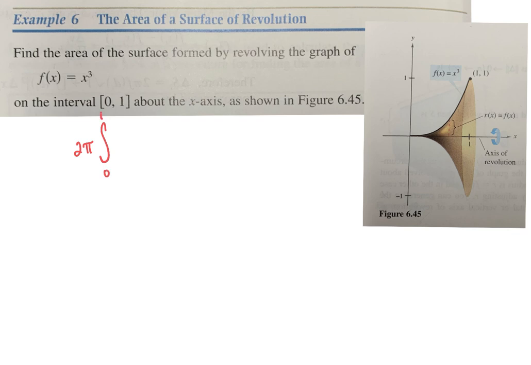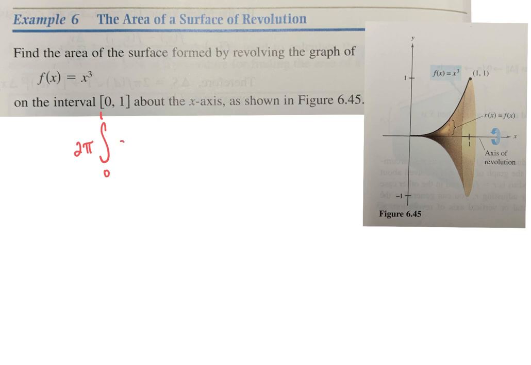Now our r represents how far away we are from what we're revolving, all right? So at any point along this line here, I can tell how far away I am by my y value. Well, my y value is represented by the function itself. This function represents how far away from this x-axis I am, right? And so the r here is going to be my function.